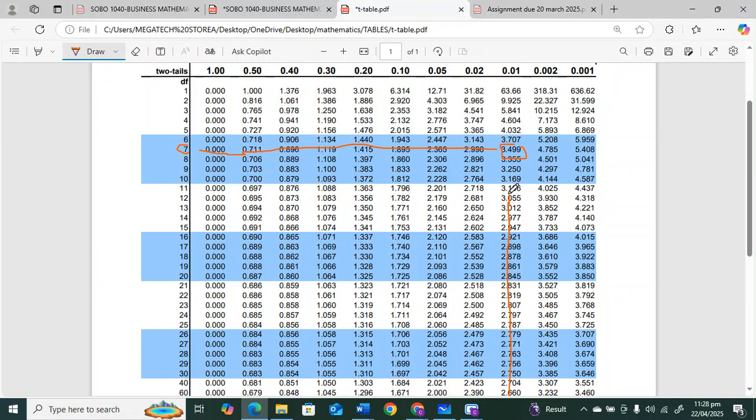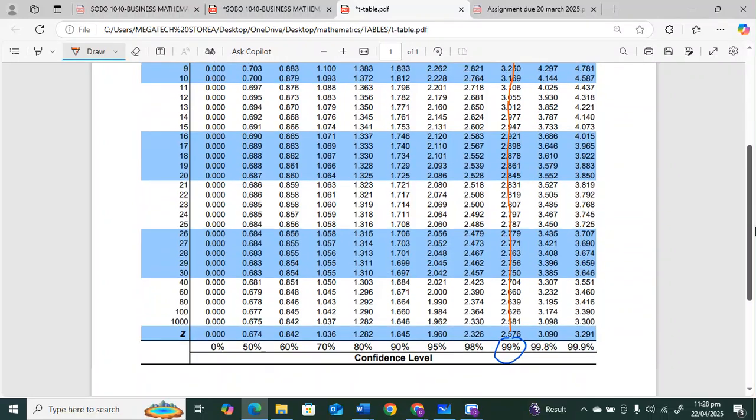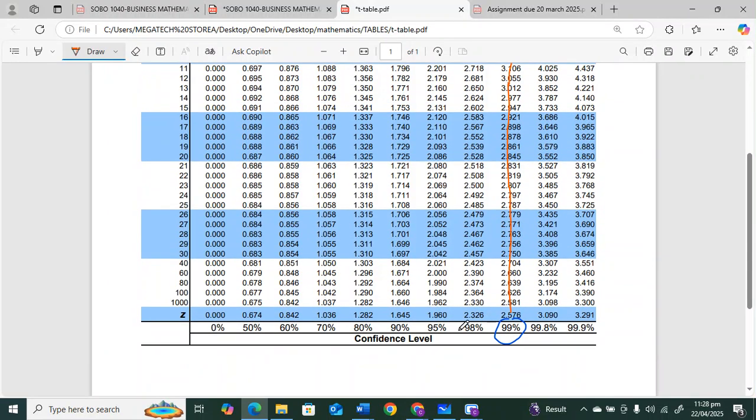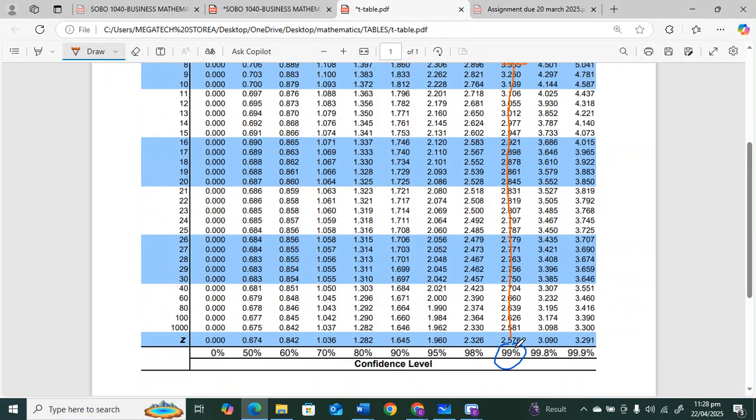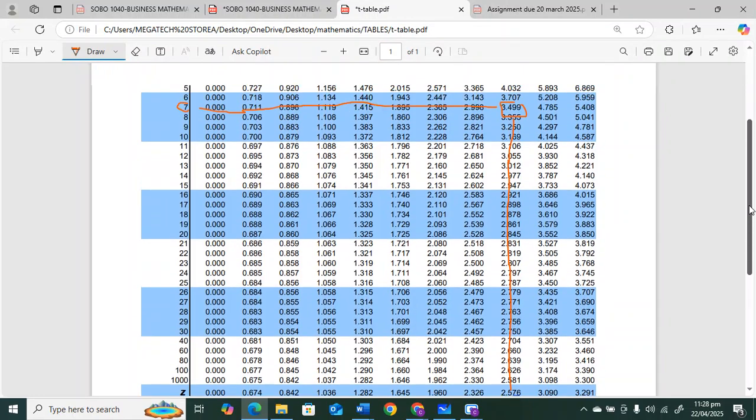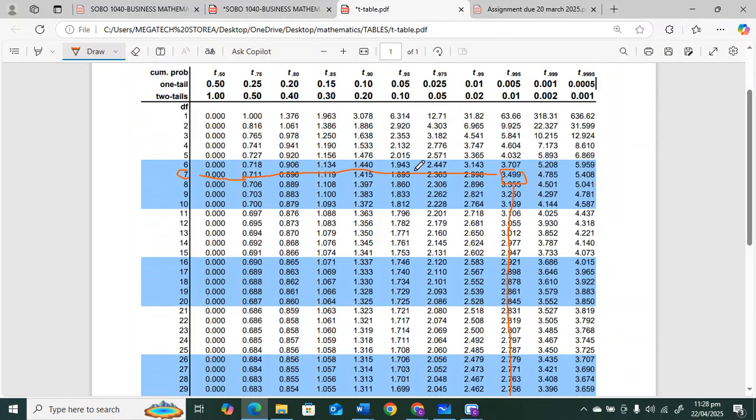So our critical value here is 3.499. Colleagues, just get your degree of freedom and find your confidence level. Confidence level 99%, degree of freedom 7, so our critical value is 3.499. Any questions?